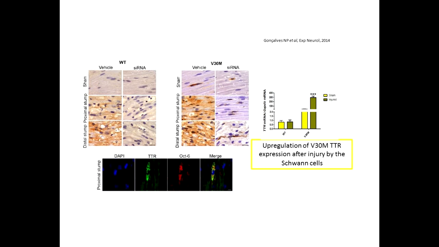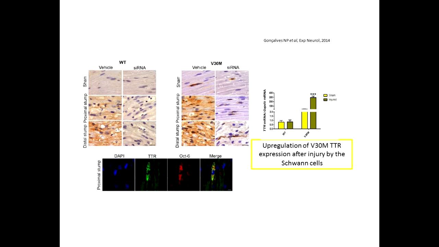Under this stimulus, you have your wild-type mice and transgenic mice. You see some synthesis of TTR in wild-type mice after the crush, which you have here.